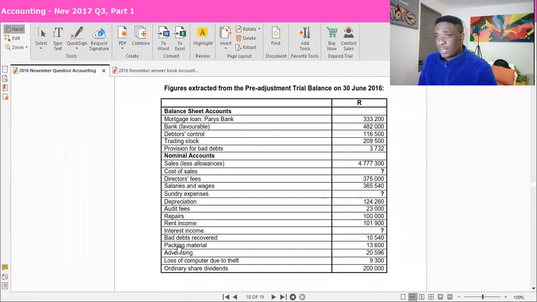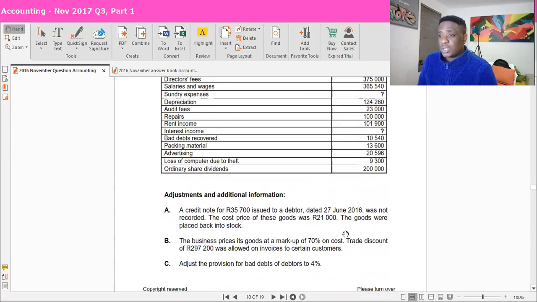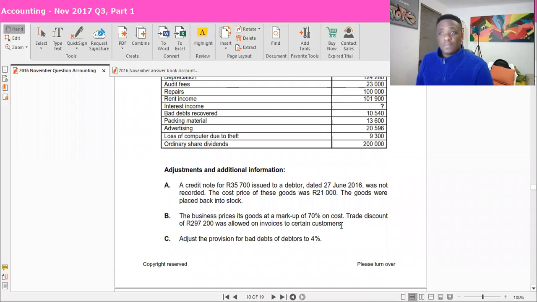So the income statement is going to start with sales. Here you've been given sales, and they already exclude allowances. You've got 4,777,300, and then let's go and check the information. The first information talks about a credit note. You issue a credit note when a debtor returns goods.